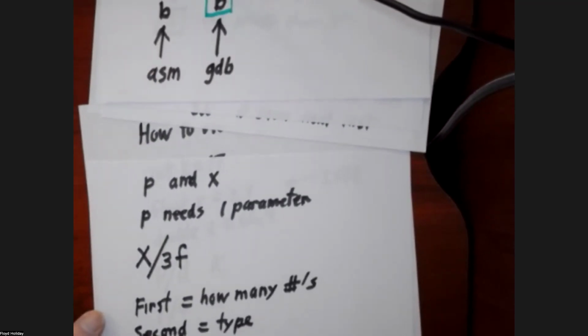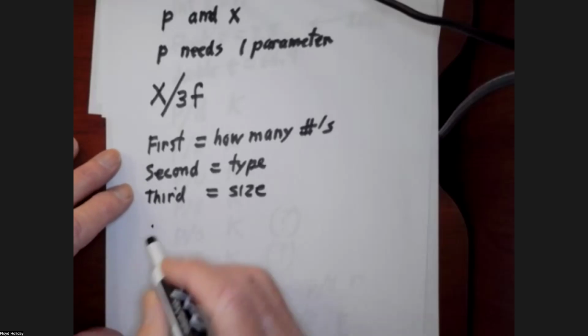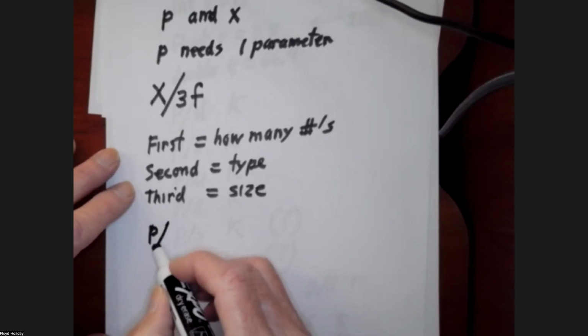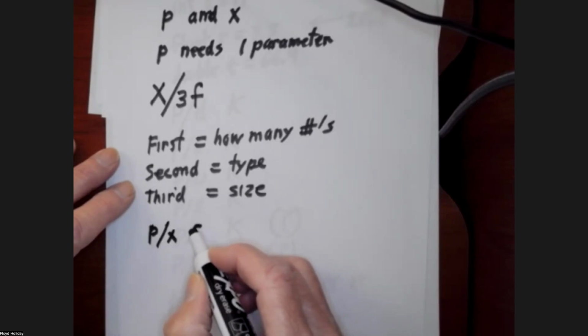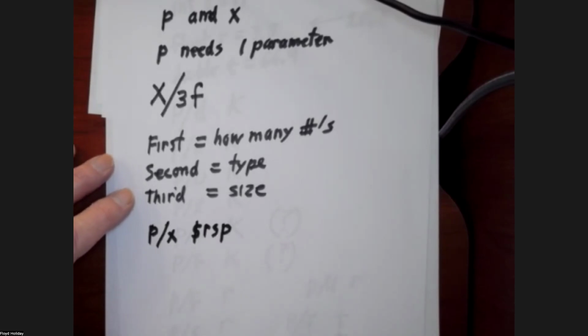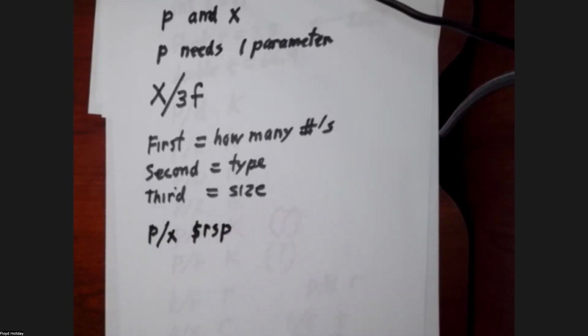And then we can look at, let's do 2 ways. Think of the top of stack. We can look at P/X $RSP. By the way, registers have to have a $ sign preceding them.